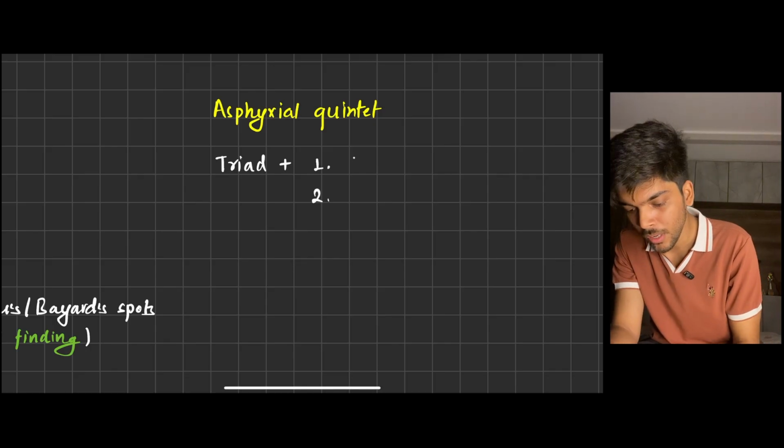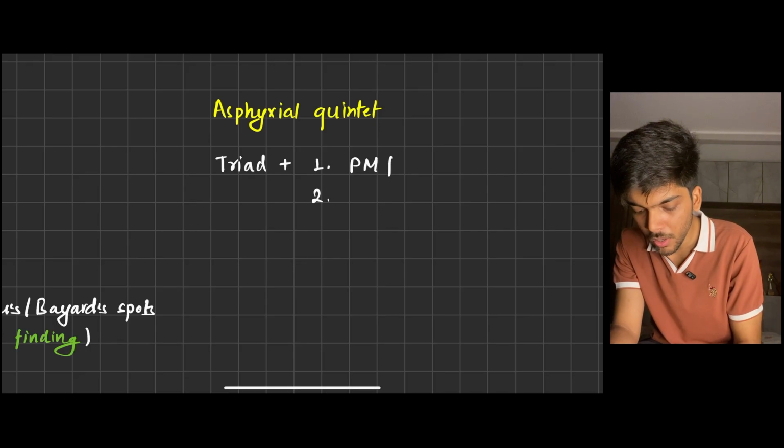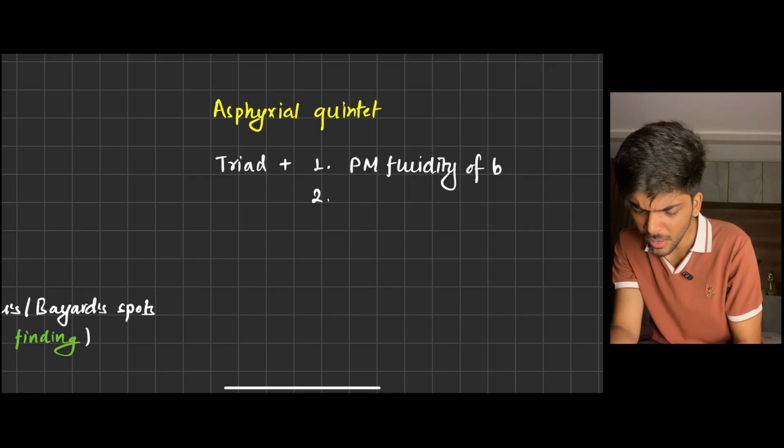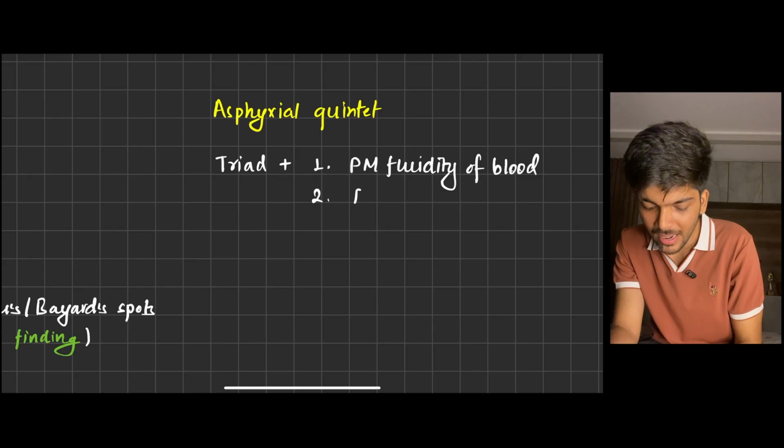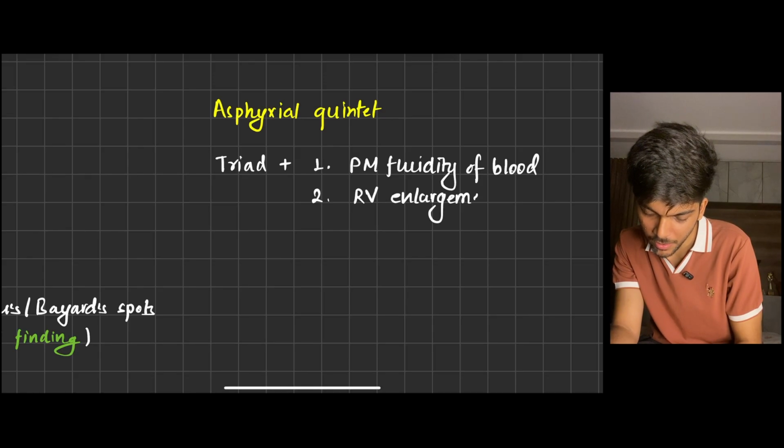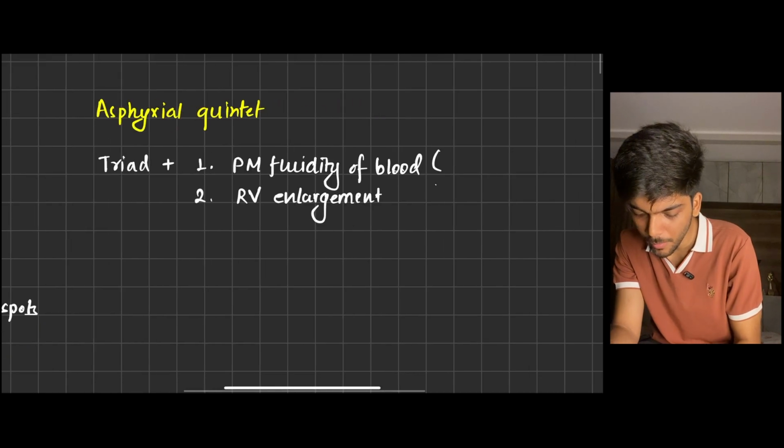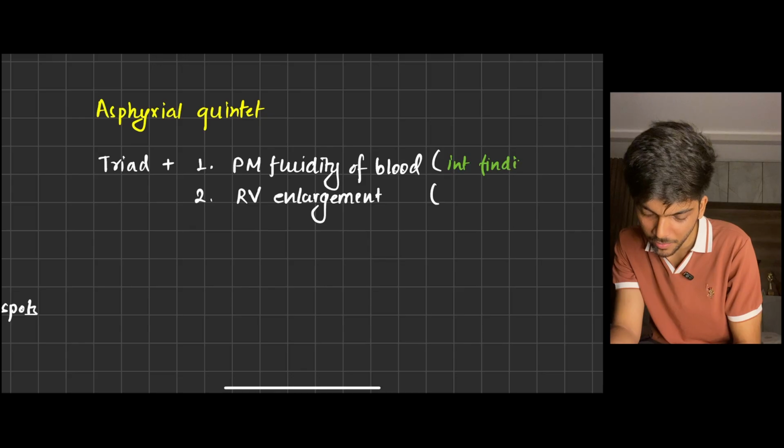First one is post-mortem fluidity of blood, that the blood becomes thin and fluid, and right ventricular enlargement. Both of them are indeed your internal finding. One is the finding of the blood and the other is the finding of the heart.